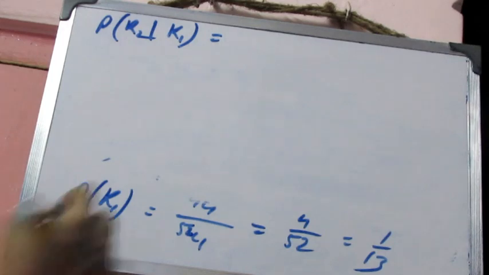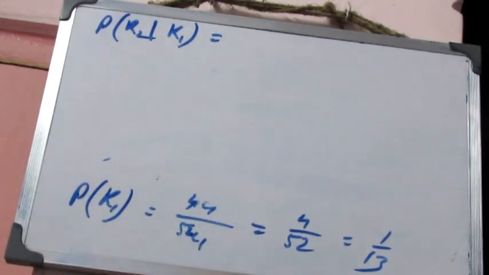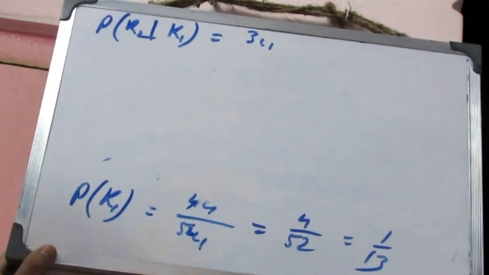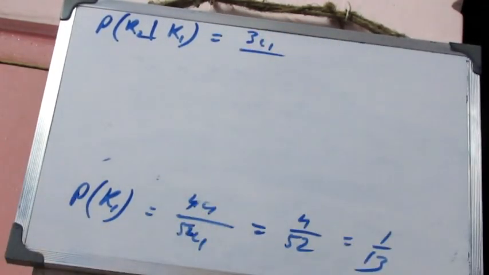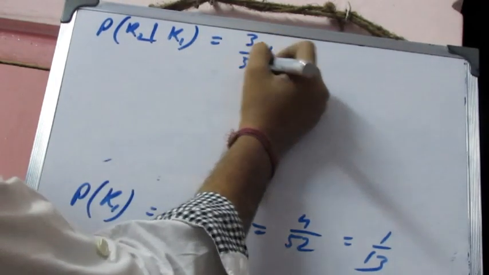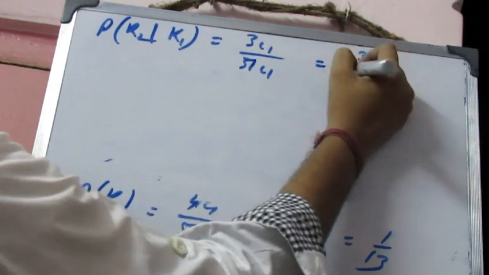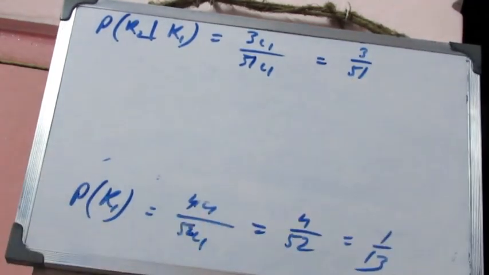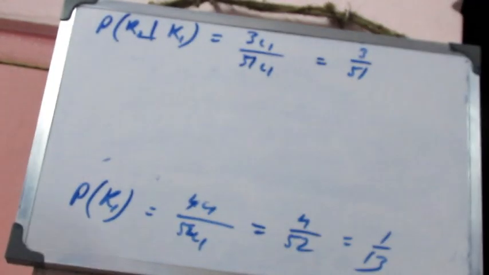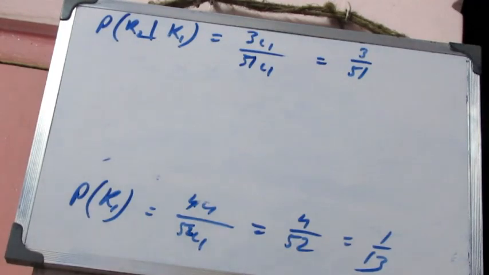There are 3 kings left and we are choosing one king out of 3 kings. So it will be 3C1 divided by 51C1, since we have 51 cards left, which is equal to 3 by 51.